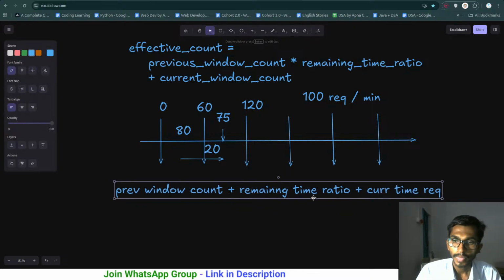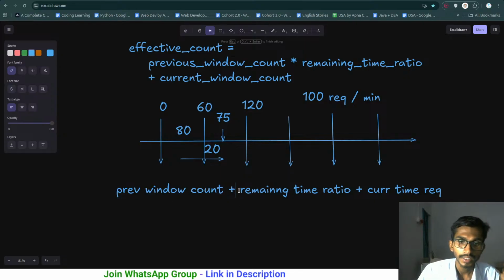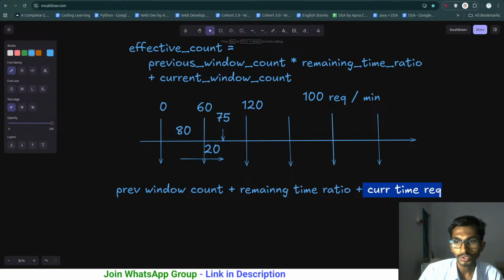So ultimately this gives me the number. First of all, I have the previous window count, that simply means all the requests from the previous window, and then I have the ratio. If I multiply the ratio with the previous count, I will get all the active requests, and I'm going to add them to the current requests.